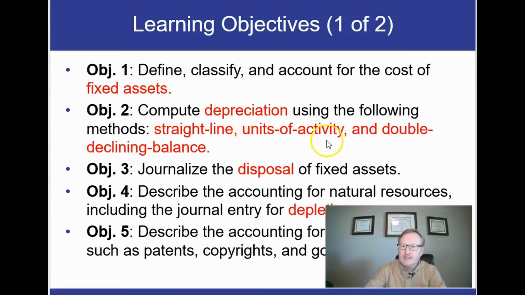The units of activity method, which is another very good method, because many times, if you're in business and you buy a piece of equipment, my great example I'm always using is the guy mowing the lawns. If you buy a $10,000 zero-turn lawnmower for your lawn mowing business, one of the things it has on there is the hour gauge, and it says how many hours you have driven this lawnmower.